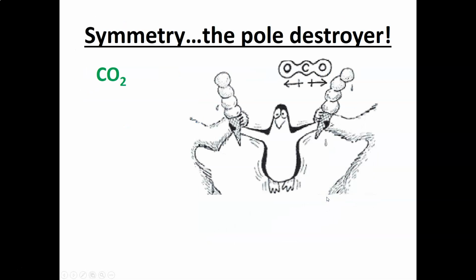All right, now let's look at something like carbon dioxide, because carbon dioxide is going to show us that there is a difference between a polar bond and a polar molecule. Okay, so carbon dioxide, we have poor little carbon is the penguin, and we have two strong polar bear oxygens, one on each side. Remember that carbon dioxide is a linear molecule, right? It's straight.